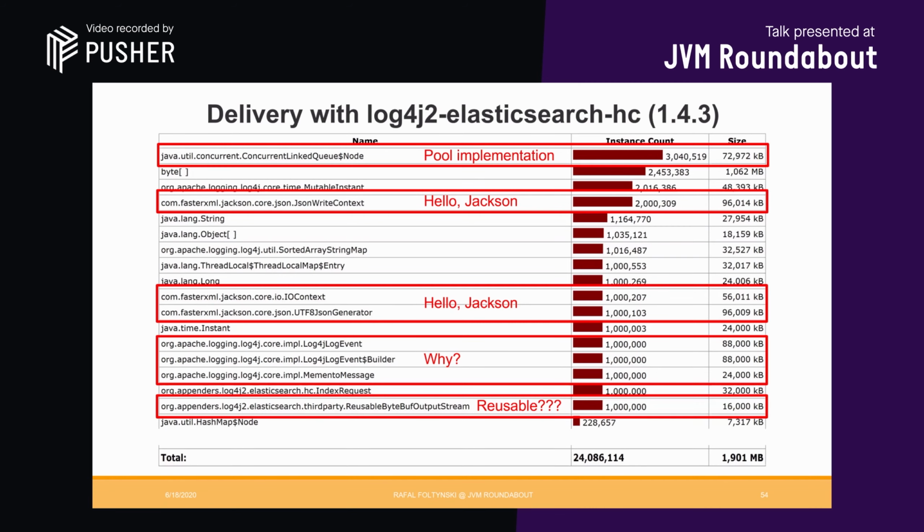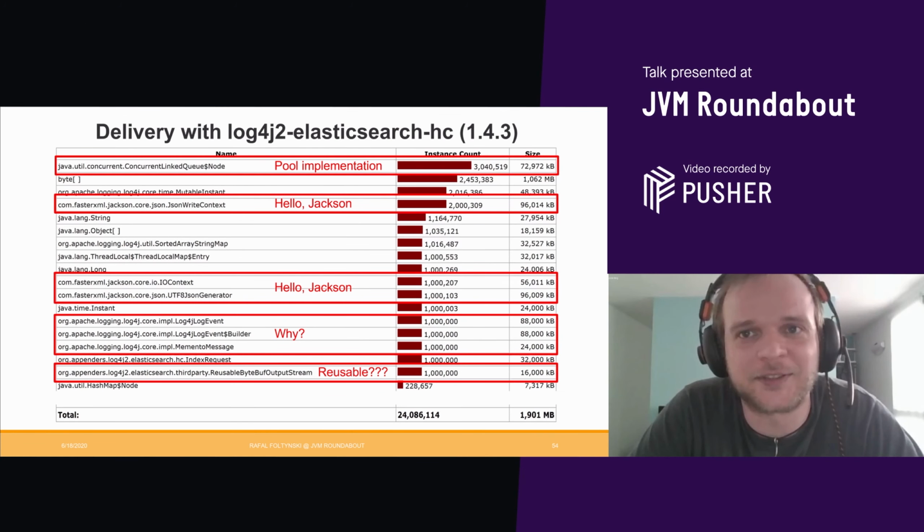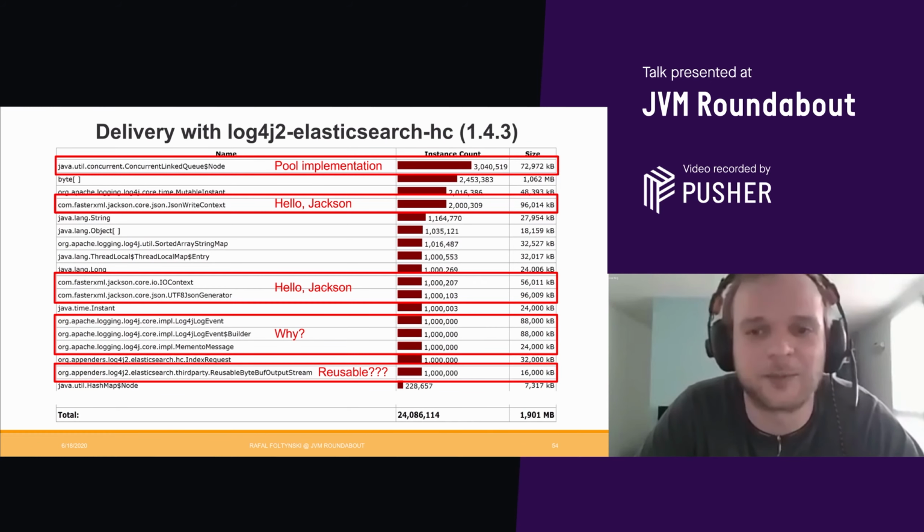And I was quite happy to reduce the amount of memory allocated from 20 gigabytes to 1.9 gigabytes per 1 million logs, since memory allocation is quite predictable. You can create a reference test that you can use for any type of code and get very predictable results with that.